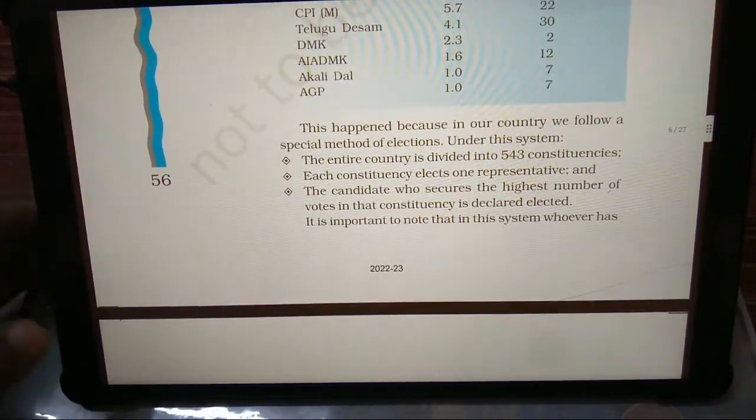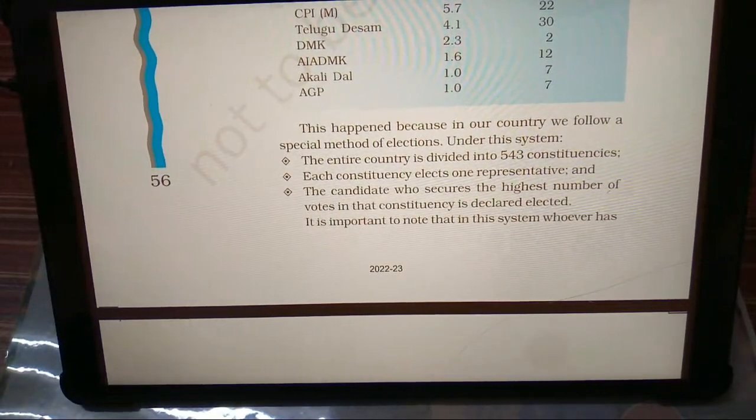This happened because in our country we follow a special method of elections.